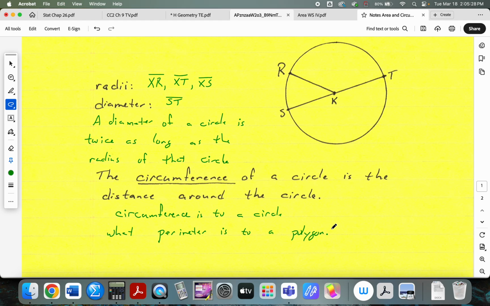Right, the perimeter of a polygon is the distance around the polygon. If it's a circle, we no longer call it perimeter, we call it circumference.